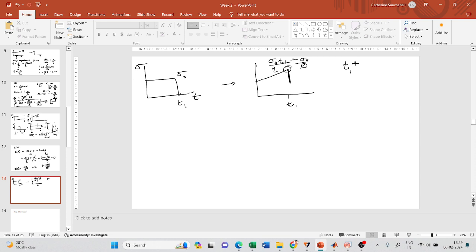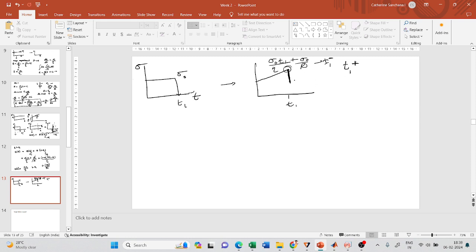This is my value at this point, for t1 minus. Since these are very close values, instead of t1 minus, I'm simply substituting it as t1. So this value is sigma naught t1 divided by eta plus sigma naught by r.